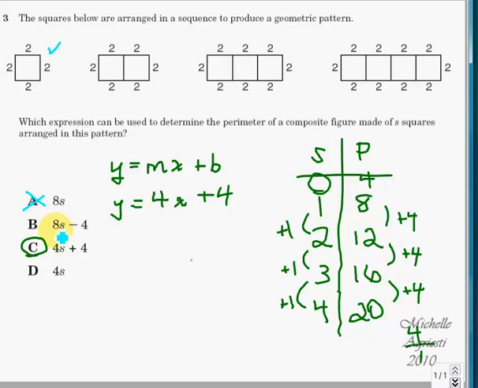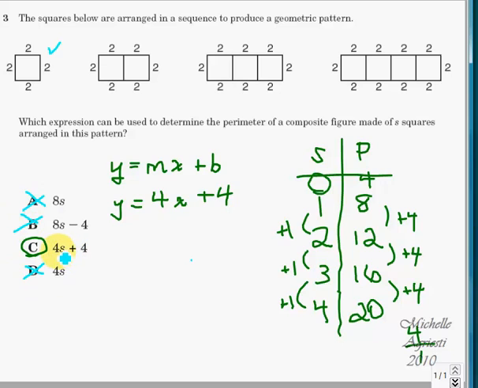Let's look at b. When s is 1, 8 times 1 is 8, minus 4 is 4, but it's supposed to be 8, so it doesn't work already on the first one. And then d, 4 times s, 4 times 1 is 4, but it's supposed to be 8, so it doesn't work. So we've found 3 that don't work.